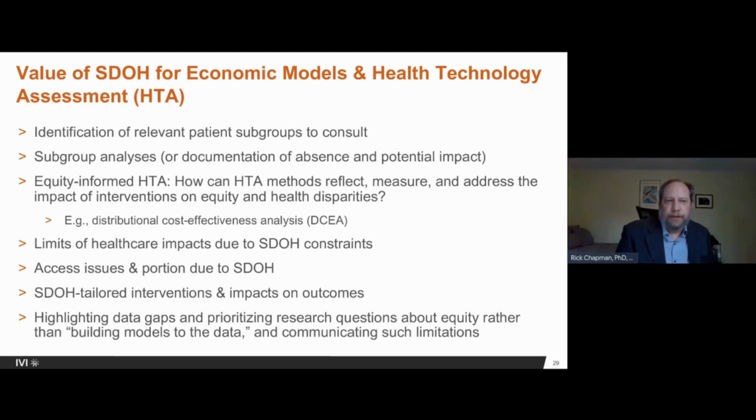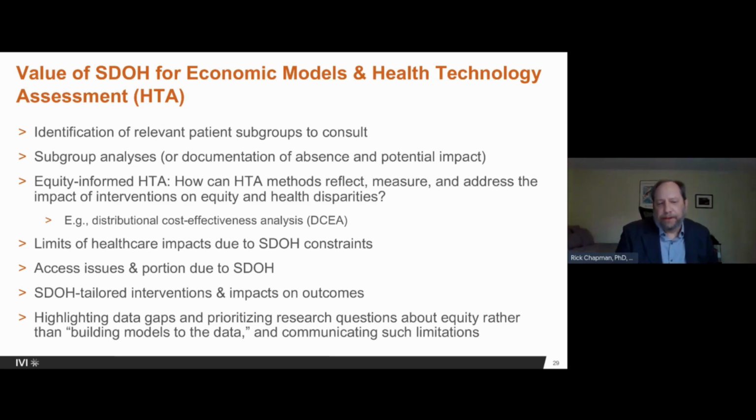And I think those types of data and analyses could then feed into what we're calling equity-informed health technology assessment, which is, how do we make sure that health technology assessment is reflecting and measuring the impact of interventions on equity and health disparities? And are there things we can do to address some of the disparities we see there?